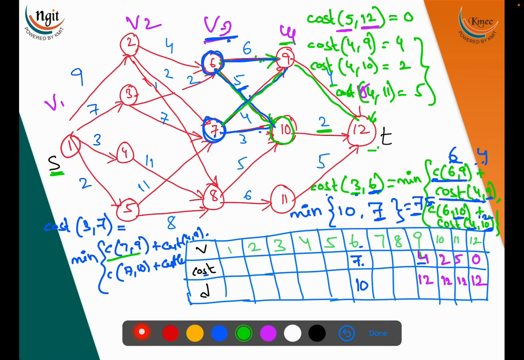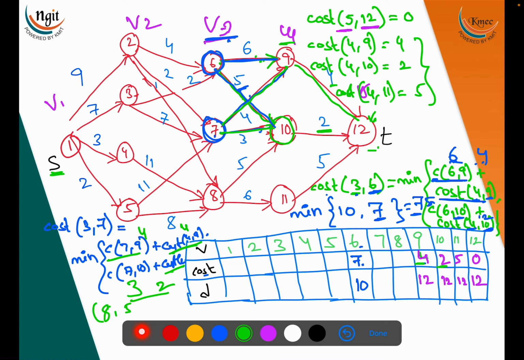Now what is the value of C7 comma 9? C7 comma 9 edge value is 4. Now take that 4. Cost 4 comma 9 value is 4. Now C7 comma 10 value is 3. Cost 4 comma 10 value, the 10th vertex value, is 2. Now 4 plus 4 is 8, comma 3 plus 2 is 5.